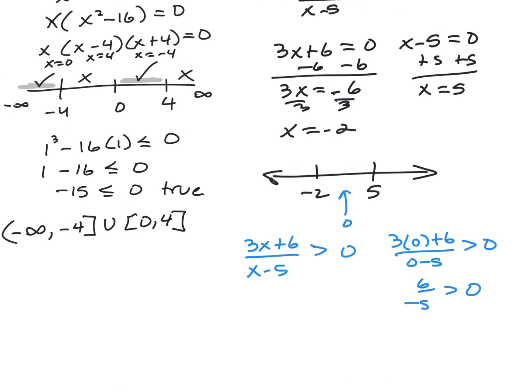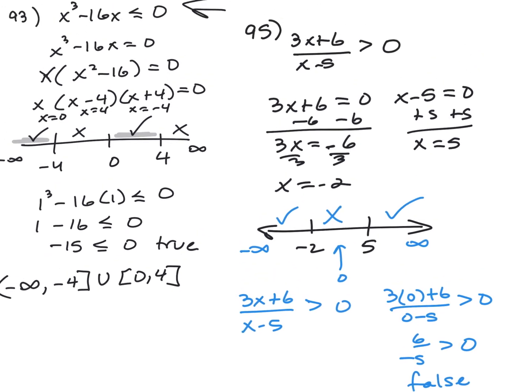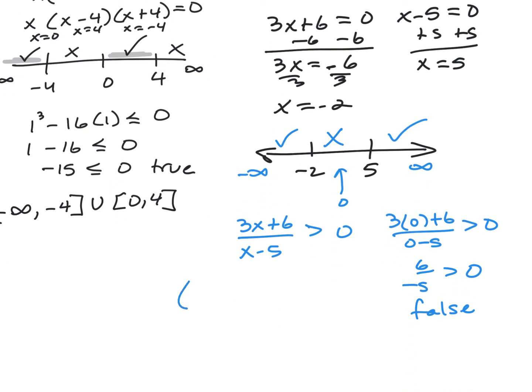So this gets an X where 0 is located. Check marks go here. And now in interval notation, again, remember negative infinity here, positive over here. And again, it was just a simple original greater than symbol, so all parentheses. So negative infinity up to negative 2, union with 5 to infinity.